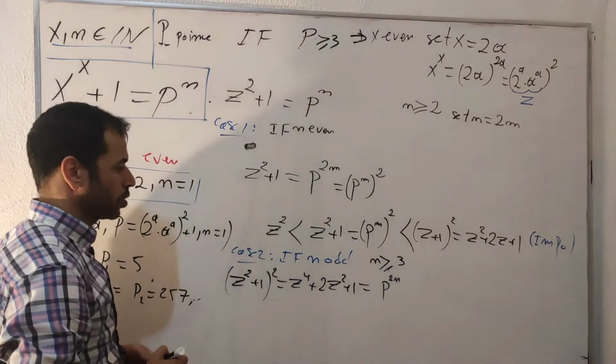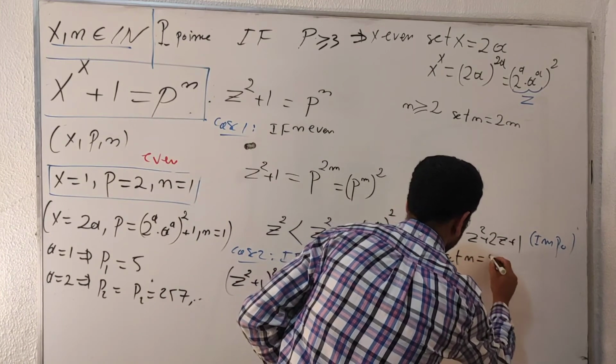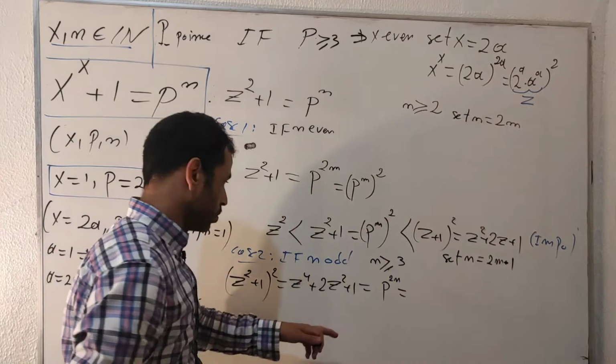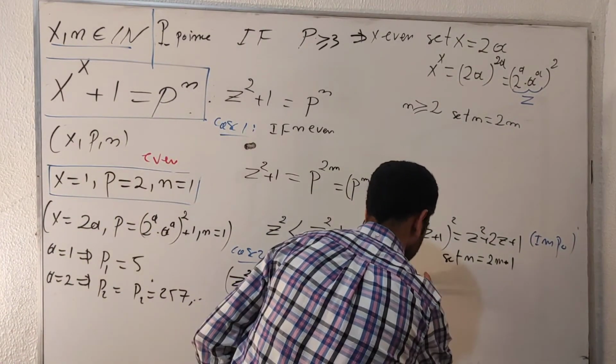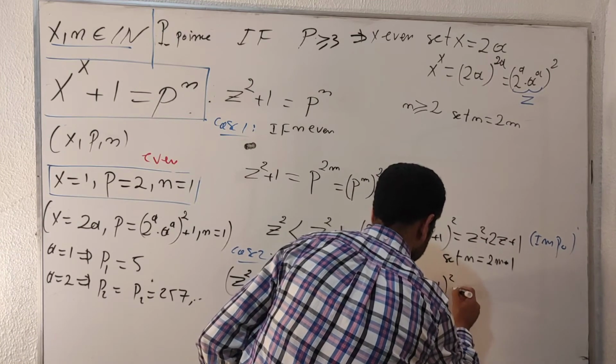Since n is odd, let's set n equals 2m plus 1. Let's replace n with that value right there. I get p to the (2m plus 1), squared.